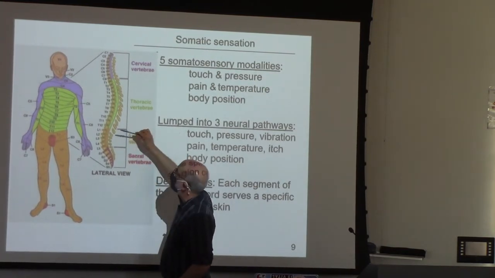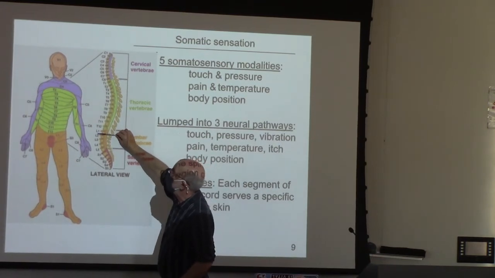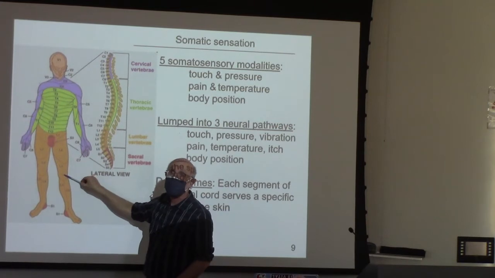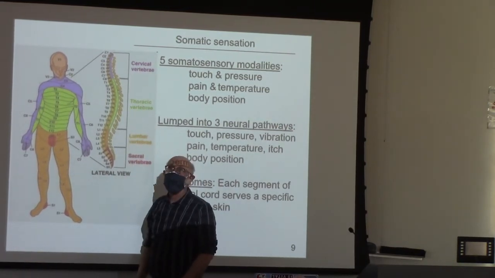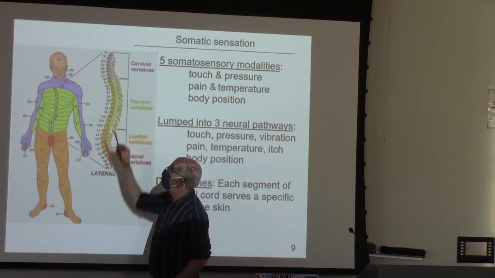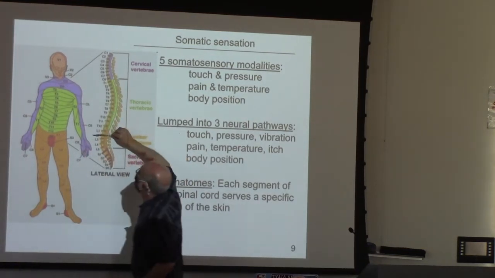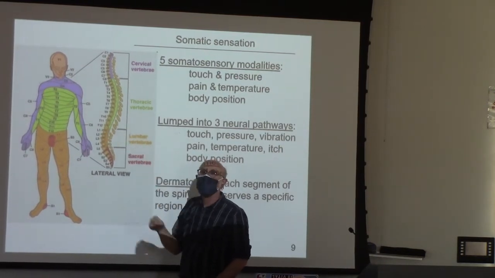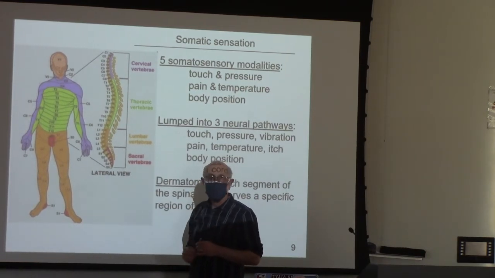So for example, if we had a lumbar injury, we could imagine that there's going to be sensory information loss in the legs, but not sensory information loss from the arms. Because the information from the arms enters above the break, the damage. Okay, so you're going to use that information to solve problems on the problem set.